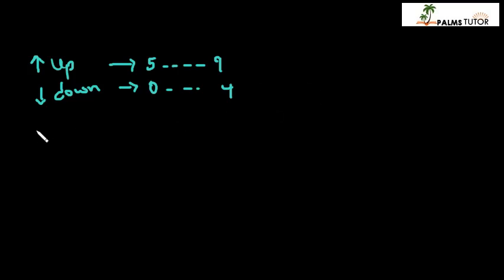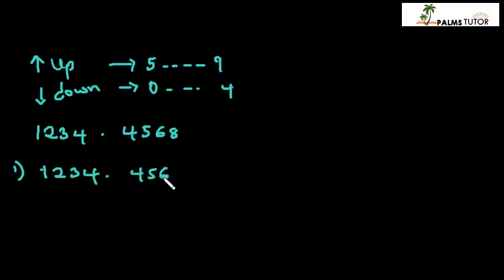Let's see an example. I have 1234.568, and I want to round this to the nearest 1,000 first. Now, when we label these numbers before the decimal, this is the unit place, otherwise called ones.